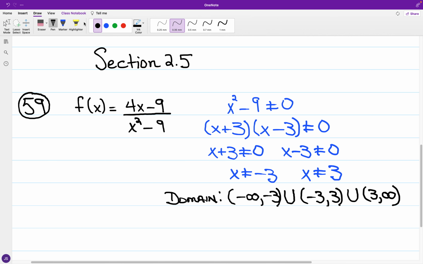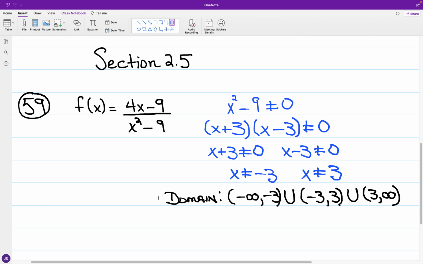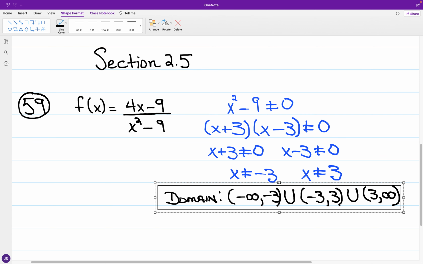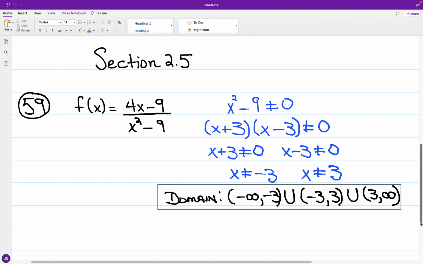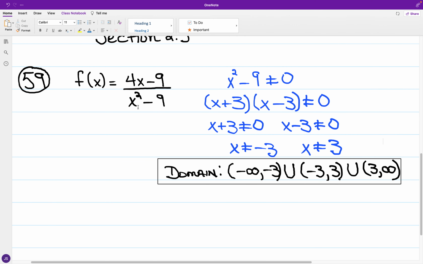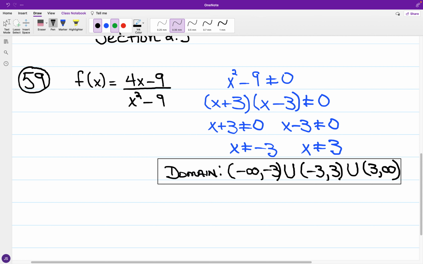Now, in the case of the ratio, f of x is already in simplest form. There is no common factor between the numerator and denominator where we can reduce this any further. So f of x is already simplified.